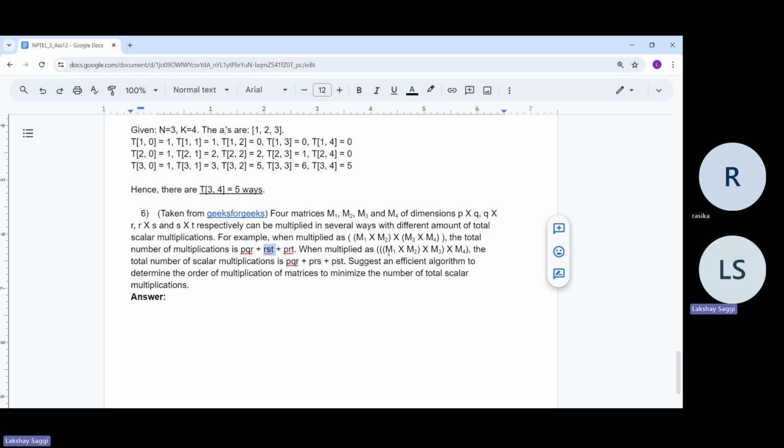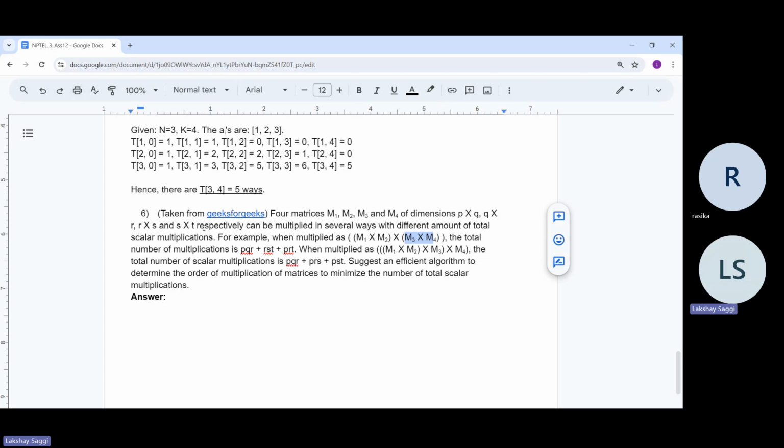And note that this resultant product M1 cross M2 is now a matrix of dimensions P cross R, because Q was common and is left out. Similarly, M3 cross M4 has dimension R cross T, because S gets cancelled.